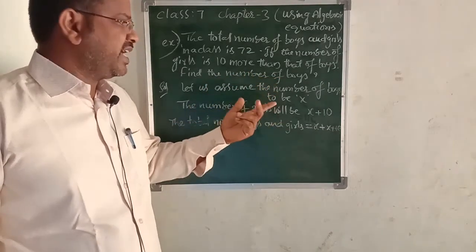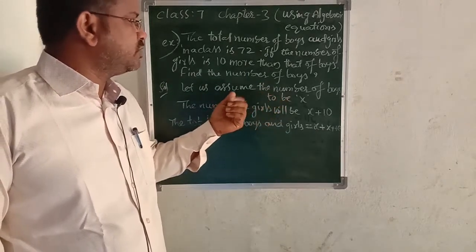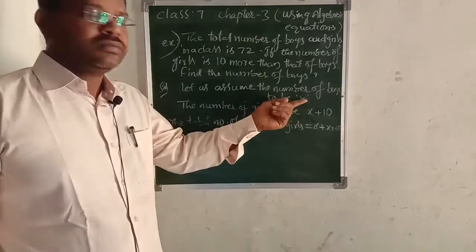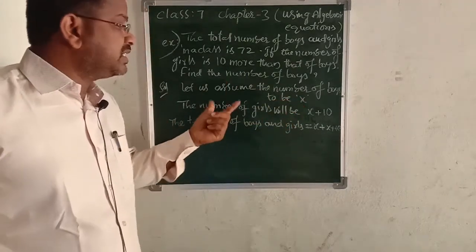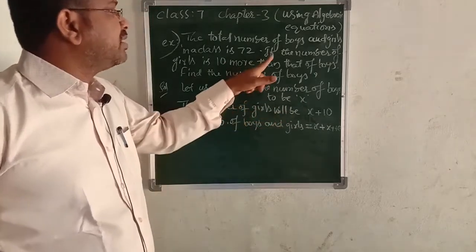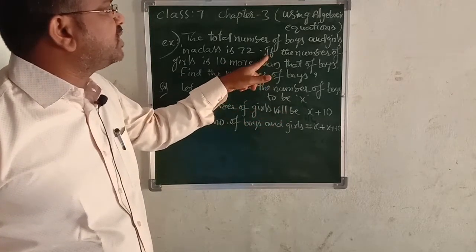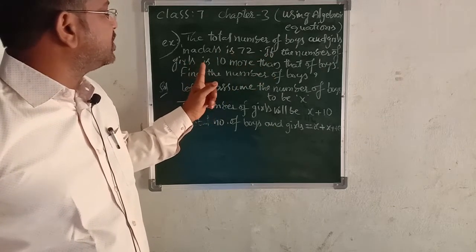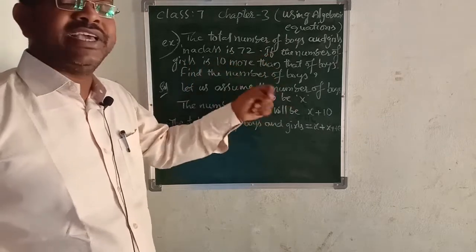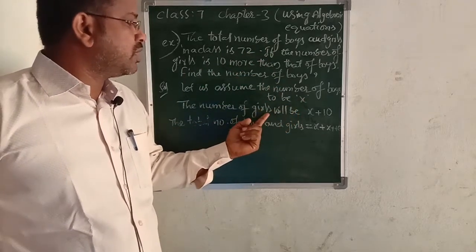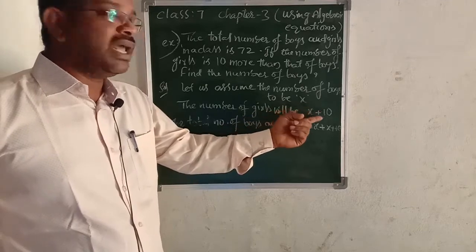That's why we assume the number of boys to be x. And what about the girls? The number of girls is 10 more than that of boys. When boys are x, the girls will be x plus 10.